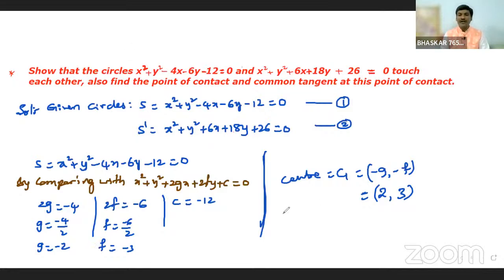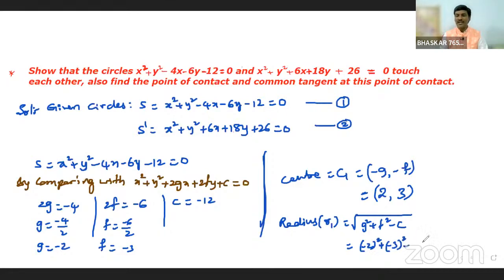Now after completion of the center, we find the radius. Radius R1 is equal to under root of g square plus f square minus c, which is the formula for finding the radius. That's why I am taking it as R1. Now g is minus 2, so minus 2 whole square, f square is minus 3 whole square, minus c is minus of minus 12.